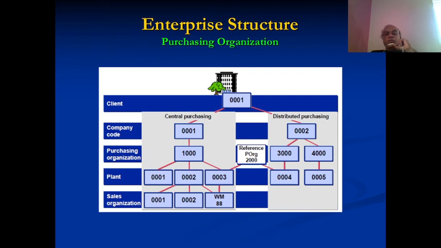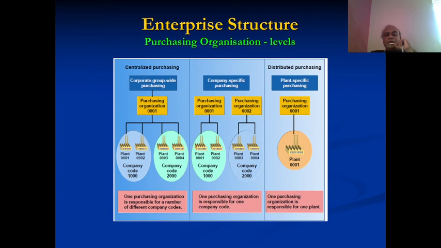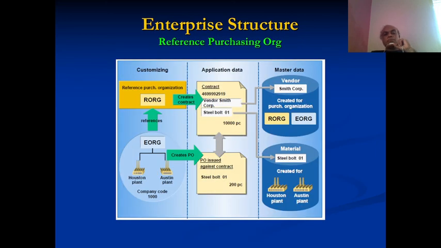So this is another slide about the purchasing orgs. There are some specialized purchasing activities like central purchasing, distributed purchasing. This is the same thing about company code specific, plant specific, and corporate level purchasing examples.